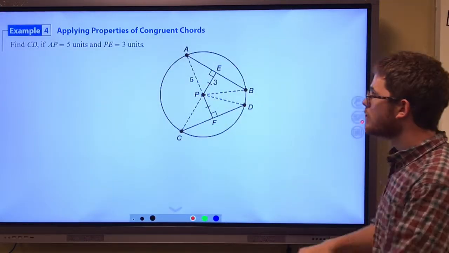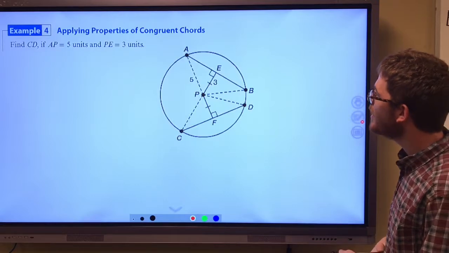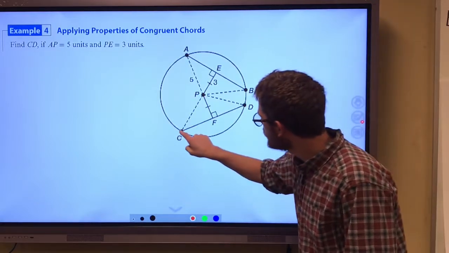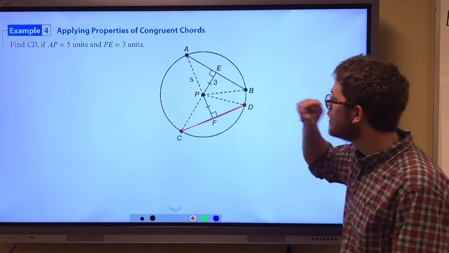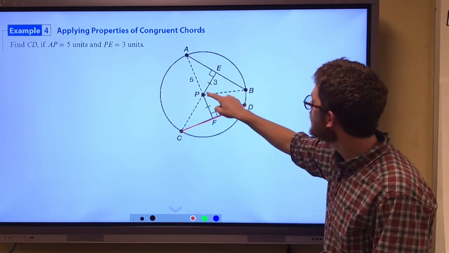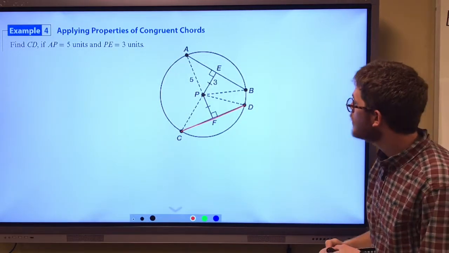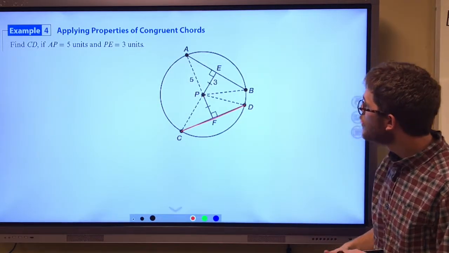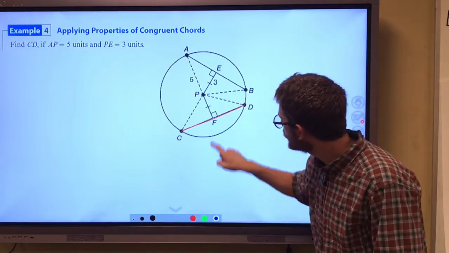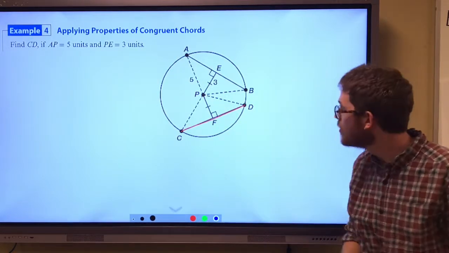So here we got a whole mess of stuff going on. It says find CD. We want to find the length CD if AP is 5 units, PE is 3 units. A lot of stuff going on here. Well, notice how we are given the marks that PF and PE are the same.